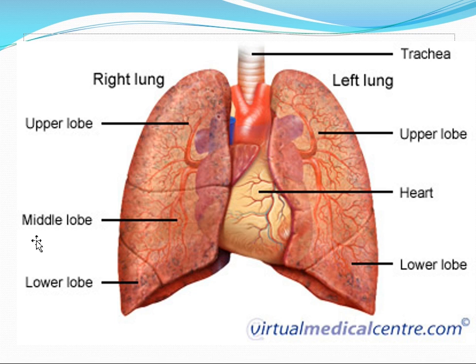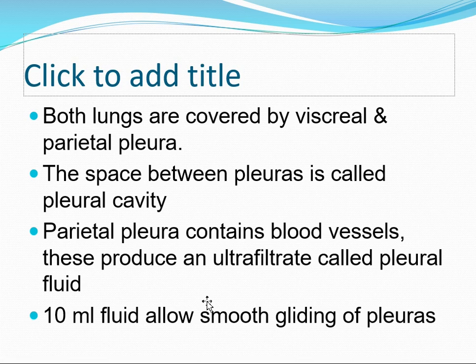This is another diagram. Here you can see the heart is situated in between, and then you have two lungs on either side, and all these are present in the rib cage, and the rib cage protects both the lungs and the heart. Now both of these lungs are covered by a membrane which is known as the pleura.